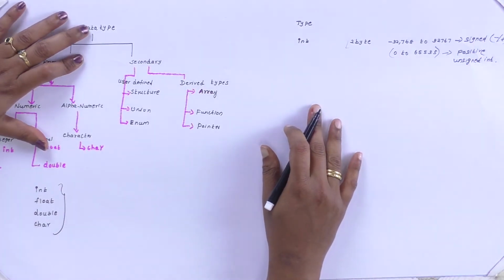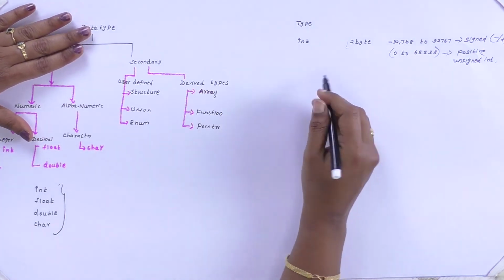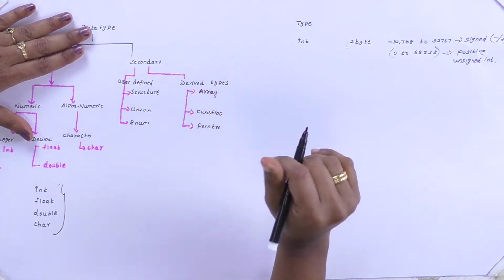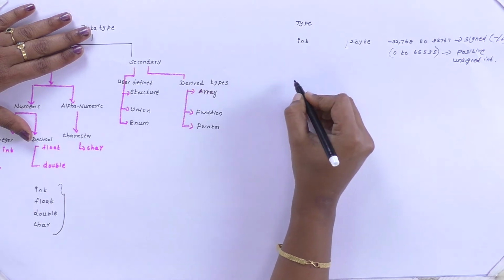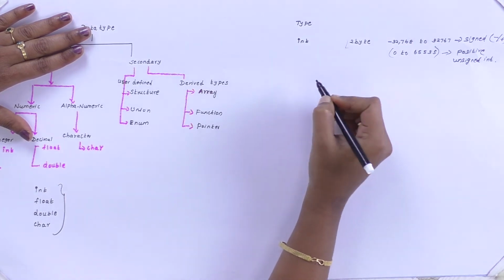Let me see how it is stored in memory. When the user wants to store some value in memory, we have to use variables. So here the variable is introduced.